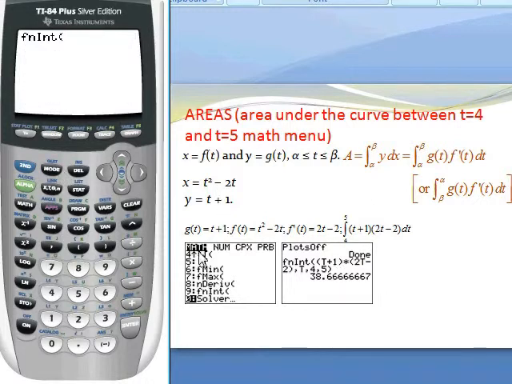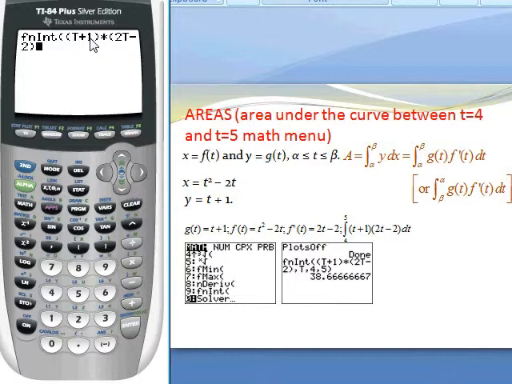Then you're going to go out of here with the second quit, and you're going to put t plus 1, times 2t minus 2. And then that is your function.